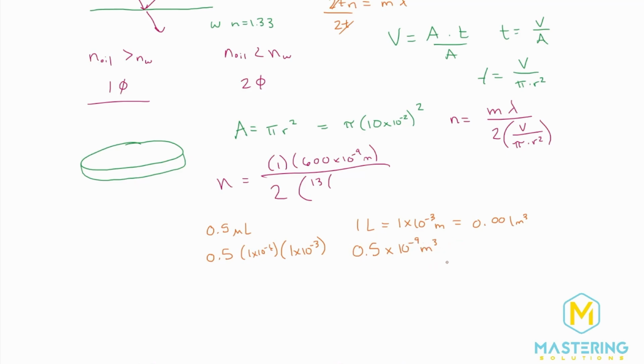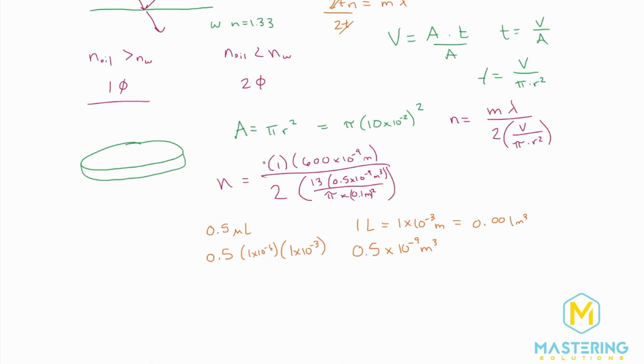I know that might seem really confusing. We've gone over it in previous chapters. And so when we plug this in here, we have 0.5 times 10 to the negative 9 cubic meters, and then that is divided by pi times the radius, which we said was 0.1 meters, squared. And the squared is outside of the parentheses, of course.